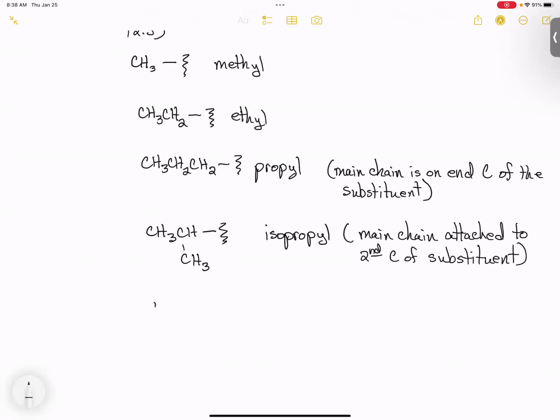The next one has 4 carbons on the end one. And this is referred to as butyl.